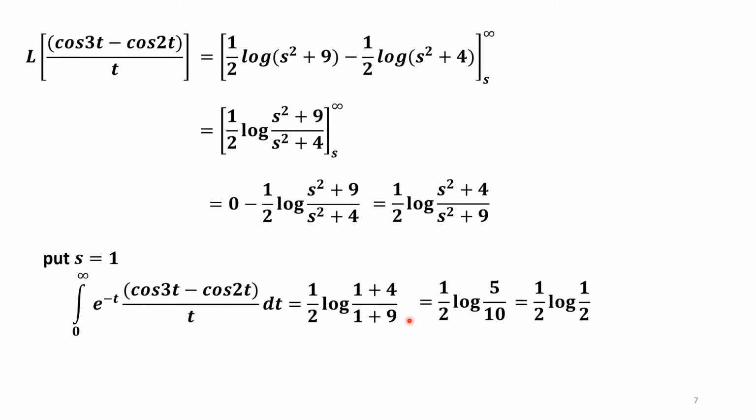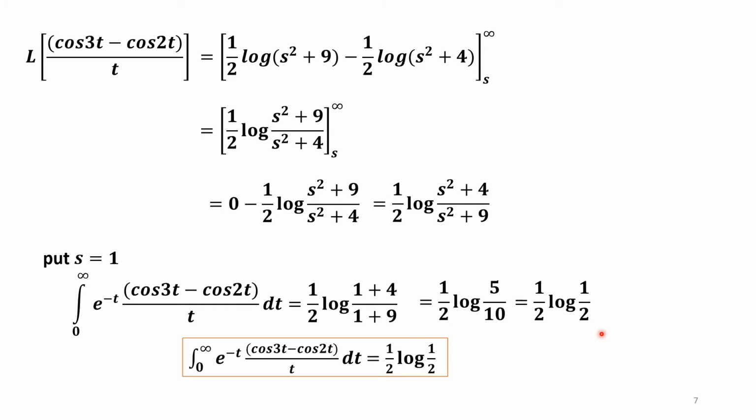So the main thing is we have to convert the integral to Laplace transform, then make use of the properties of Laplace transform, and then put s is equal to that particular value to evaluate this integral. So here it was s is equal to 1. So we have put s is equal to 1 in this answer, and we got the answer as half log 1 by 2. So this integral is equal to 1 by 2 log 1 by 2.